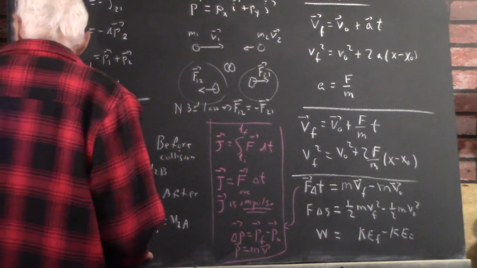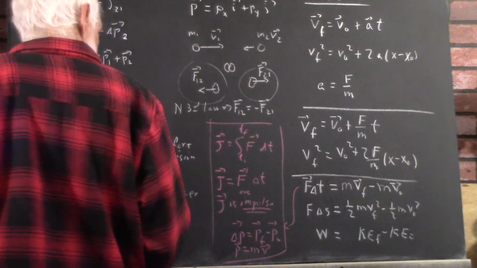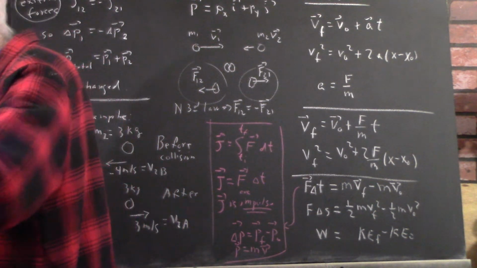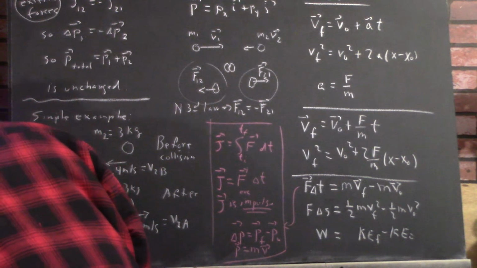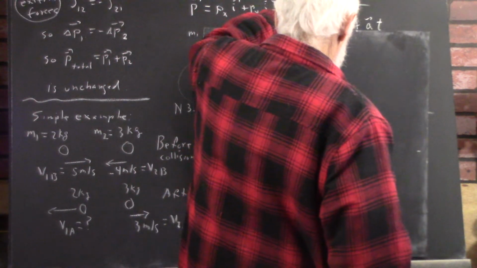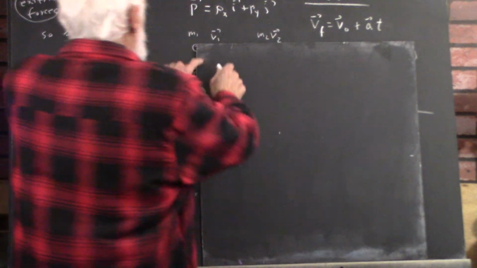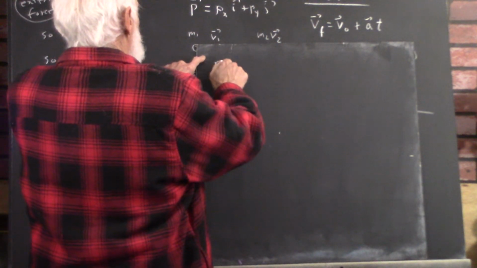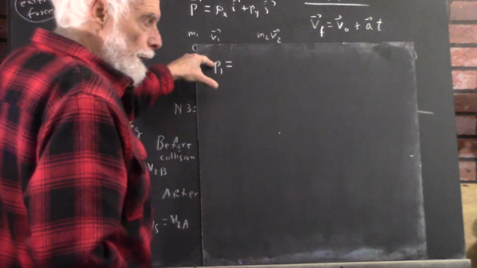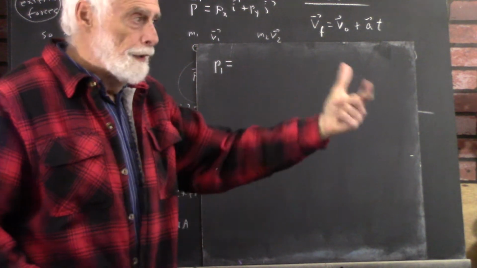Well, it's pretty easy to answer the question. Momentum before collision, and I'm not going to bother putting arrows over this. I'm just going to use plus and minus signs to indicate directions.